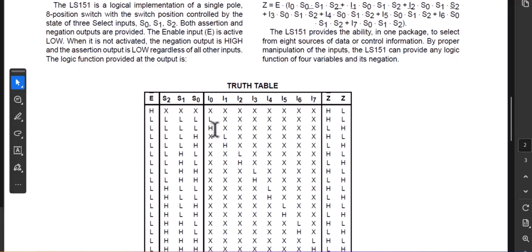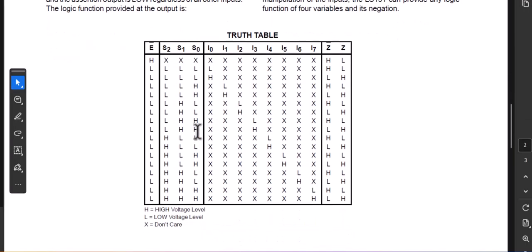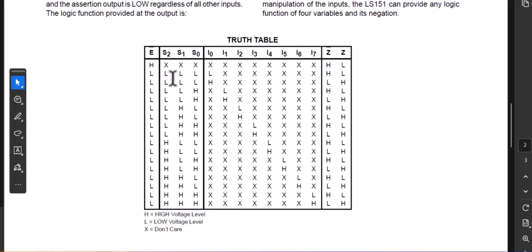okay, so take a look at how this is working. Look at this truth table. And it's not the way you would think. It has your select inputs. If your select inputs are all low, so that'd be 0, 0, 0, then I0 is 0, then the output is high.